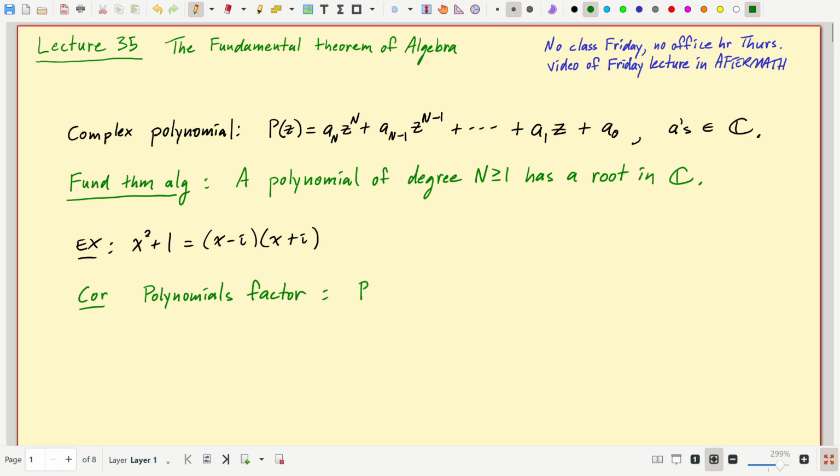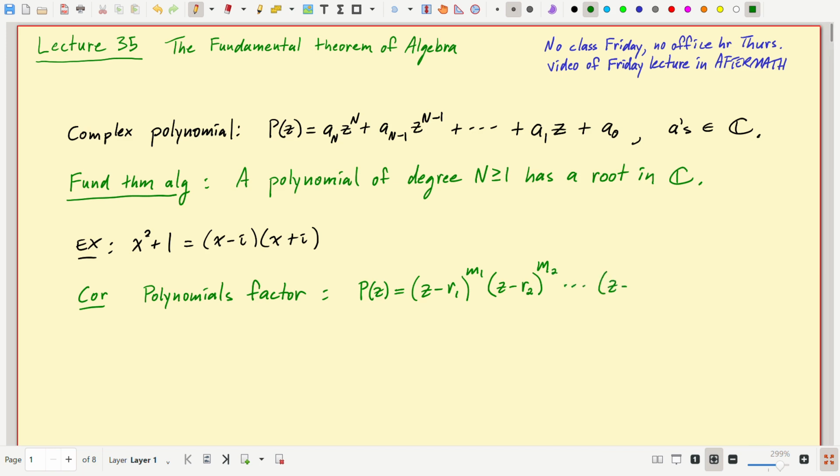So that polynomial of degree n would be a times z minus root 1 to the multiplicity m1, times z minus root 2 to the multiplicity m2. Whenever you have a root, you can divide out a z minus that root, and you might be able to do it more than once if it has multiplicity.